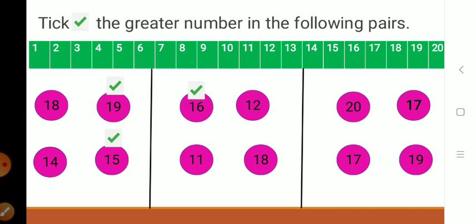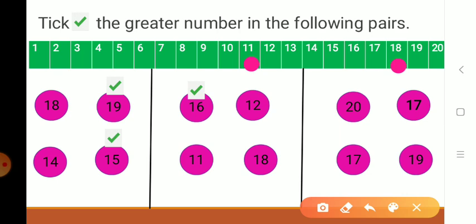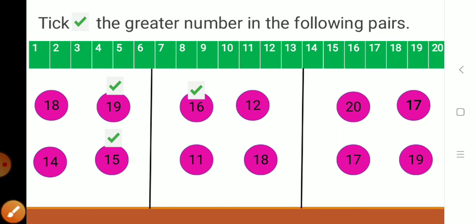Now see the next, 11 and 18. Now find out where is the 11. Here. And where is the 18? Here. Now you can see that 18 comes after the 11. So you can say 18 is the greater number.